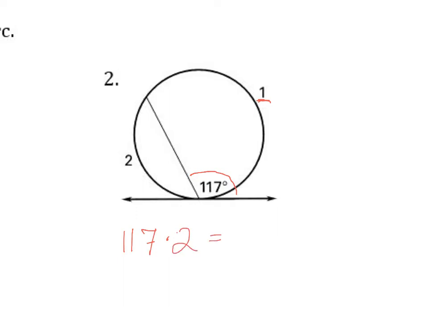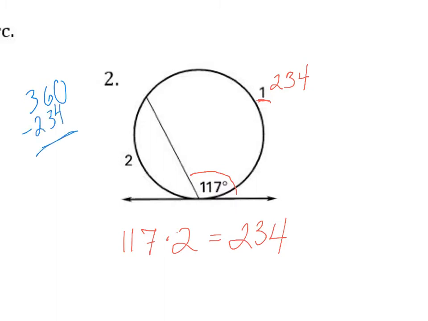All I have to do is double it, which gives me 234 for arc 1. And then, as I said, I know this covers 360 degrees between arc 1 and 2, so I'm going to take away the 234. And now for this arc, I'm going to be left with 126.